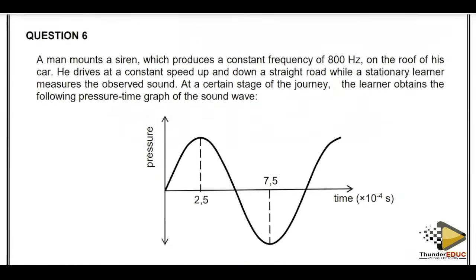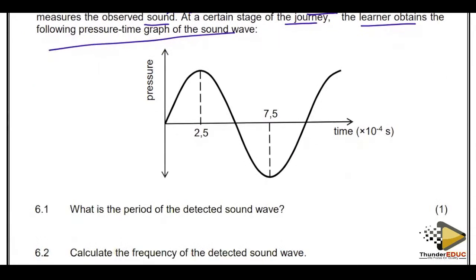Then question number 6, what if we have graphs involved with waves? A man mounts a siren, which produces a constant frequency, on the roof of the car. He drives at a constant speed up and down a straight road while a stationary learner measures the observed sound. At a certain stage of the journey, the learner obtains the following pressure-time graph.